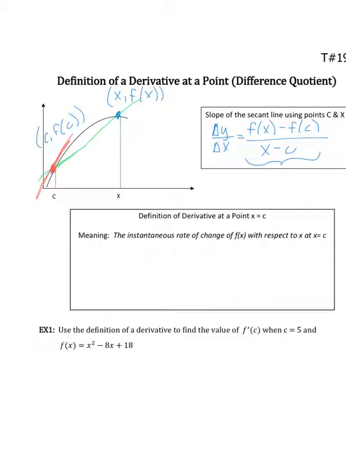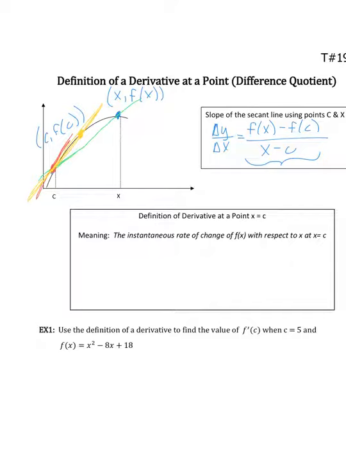Hopefully you would say, instead of having the dots so far apart, if I could move x right here and did the secant line through those two points, look at the yellow line and the red line. The yellow one is certainly a better estimation than the green one.